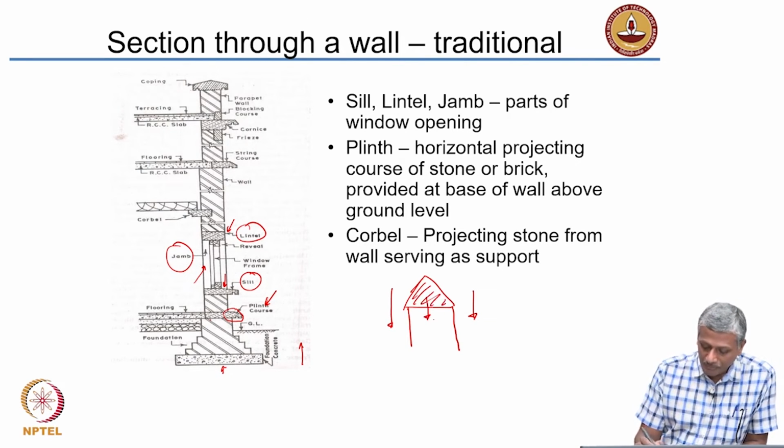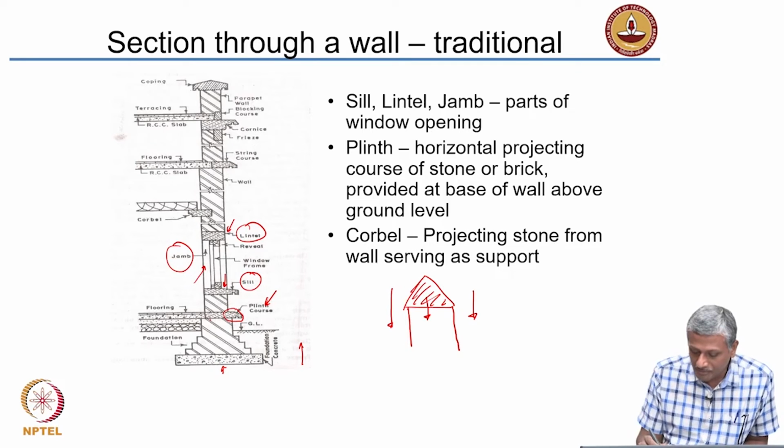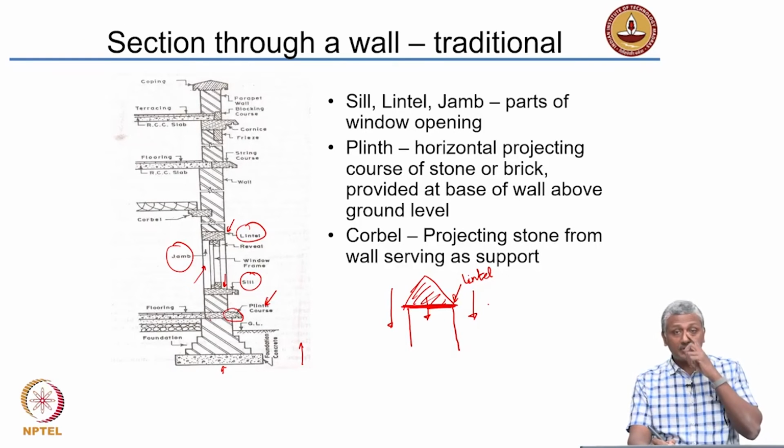That load has to be borne directly by the opening, and obviously the opening does not have a material, so it can't bear that load. So, you need to form something which is strong here, which can bear that load. So, it is like a beam or a lintel. We call that beam a lintel beam, and it is typically made with either stone or reinforced concrete.